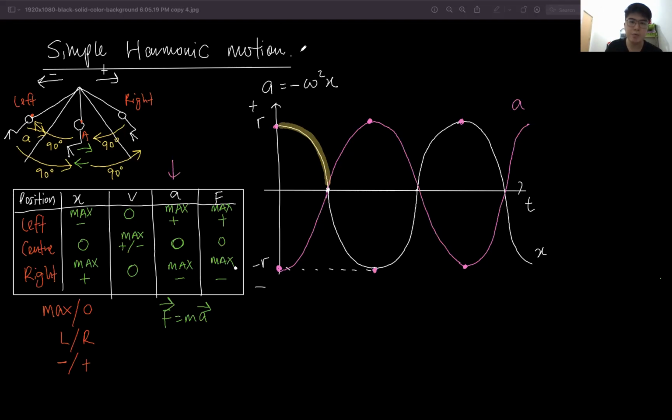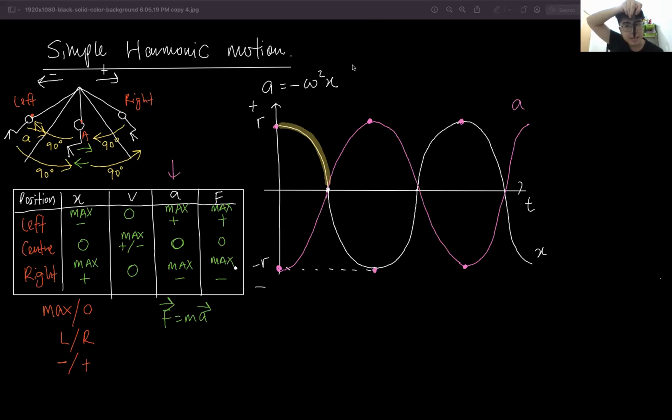The object is starting from the right, swinging to the center, right? This part of the graph, the yellow shaded region. Focus on the velocity. When it starts at the right and swings to the center, what is happening to the velocity? Increasing, right?